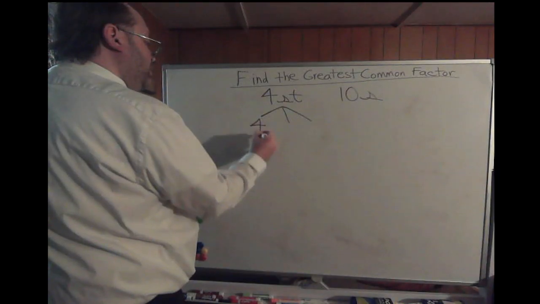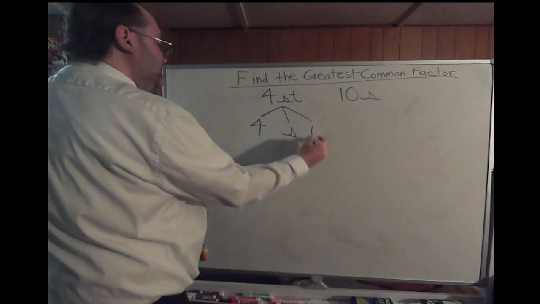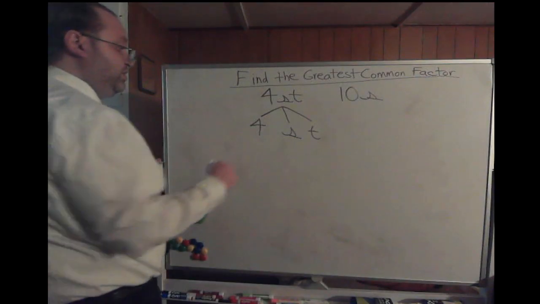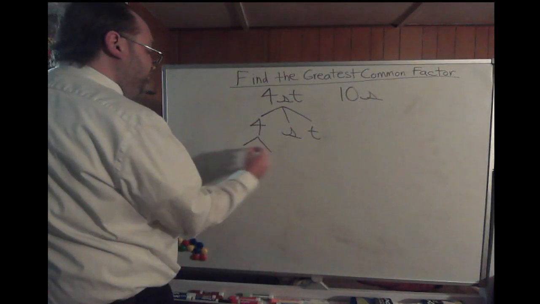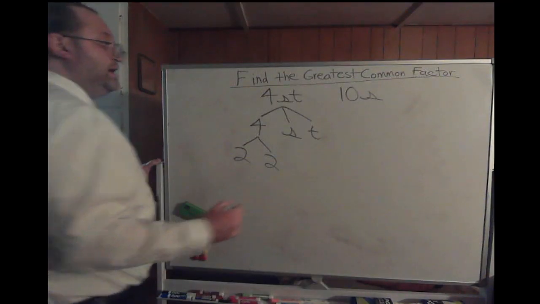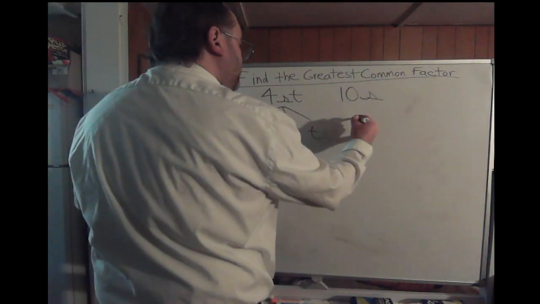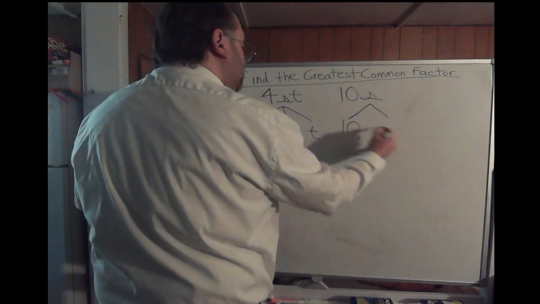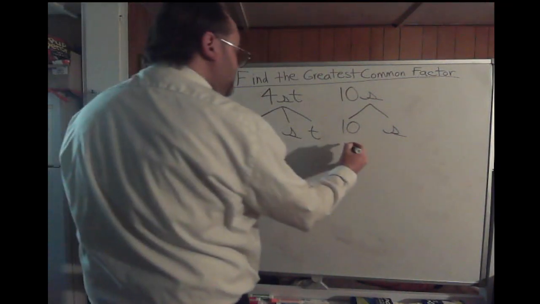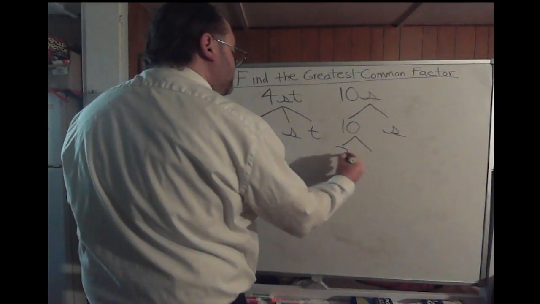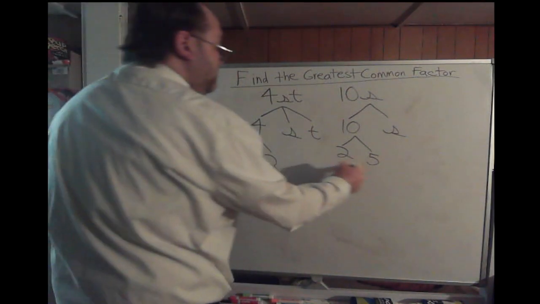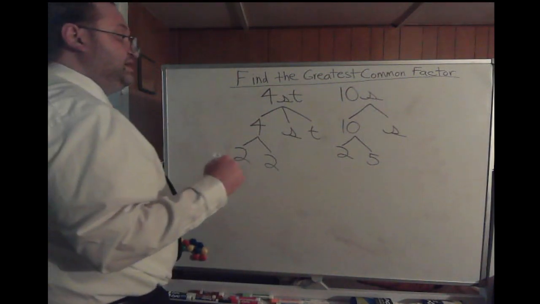We can't factor s and t any further, they're already as good as they're going to get, but we can factor the 4 further into 2 and 2. Okay, how about 10s? Well, we can factor that into 10 and s. We can't factor the s any further, but we can factor 10. 10 factors into 2 and 5. We can't factor 2 or 5 any further, so we factored 10s completely.